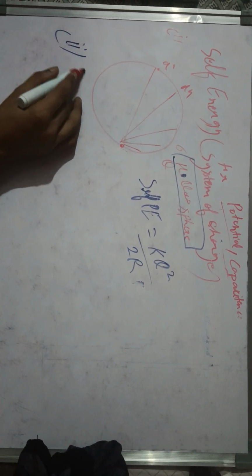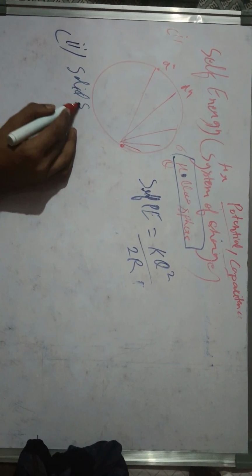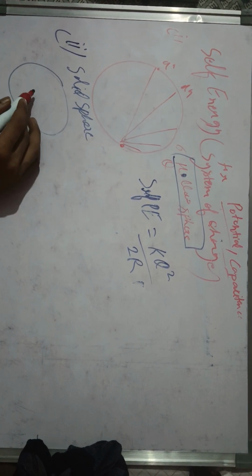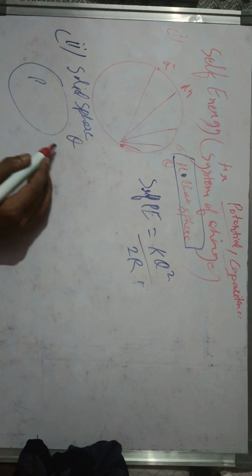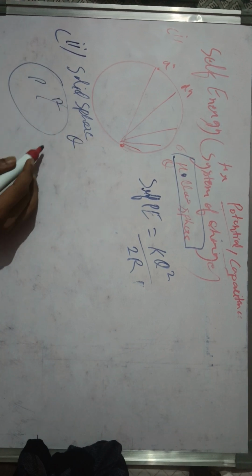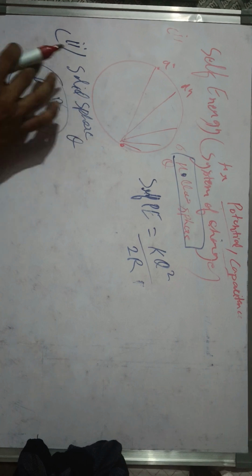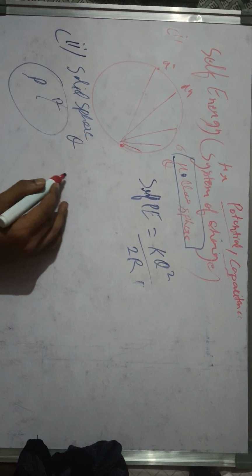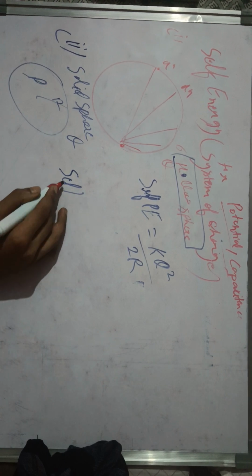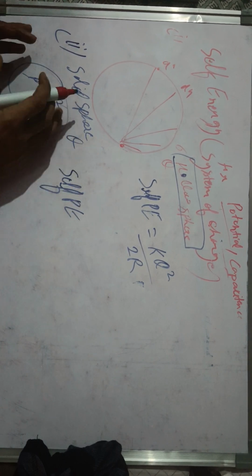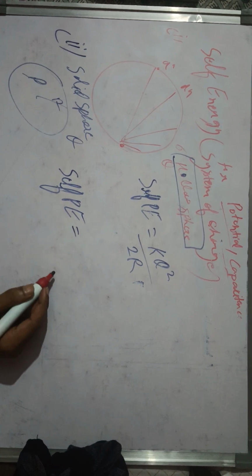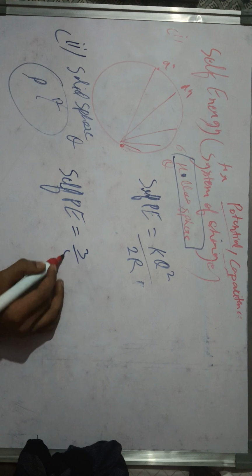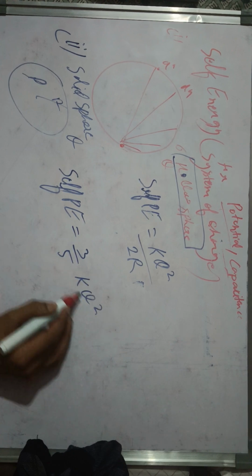Similarly, for a solid sphere, let's say this is a solid sphere of any density, it has total charge q and radius r. To make this system we would have needed some energy to create it, and that system's energy is called self potential energy, which is equal to 3 by 5 kq square by r.